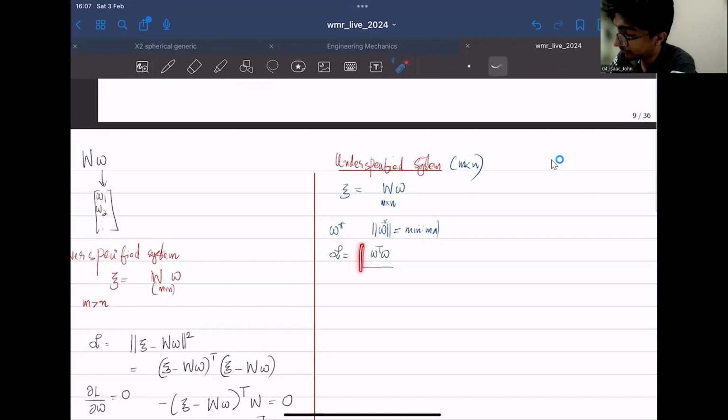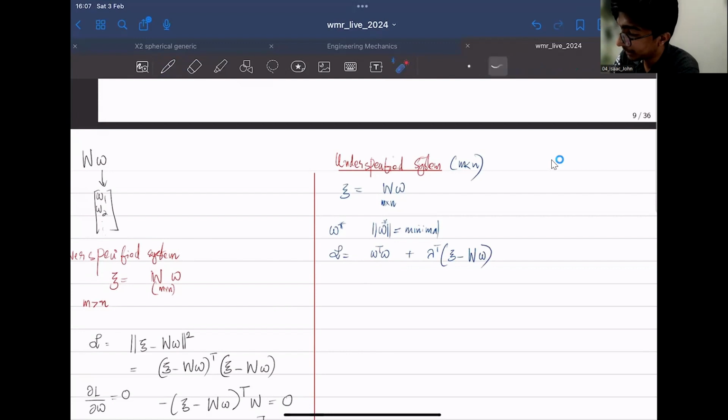It still does not make any difference; instead of taking the square root, you are not considering it. Omega transpose omega would be a scalar quantity, simply omega 1 square plus omega 2 square plus omega 3 square and so on, plus lambda times the constraint, theta minus W omega, so that you also satisfy this constraint.